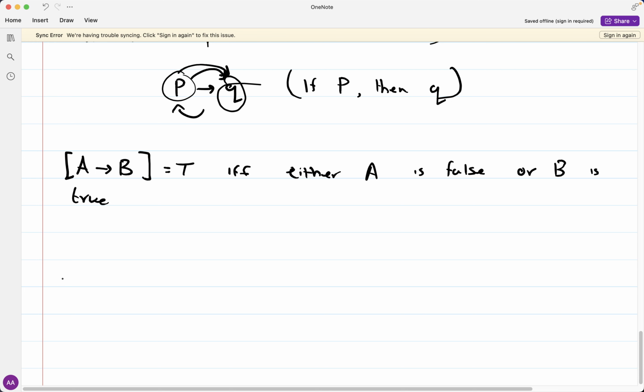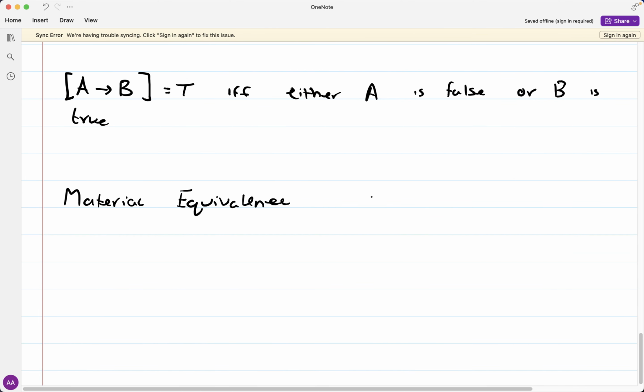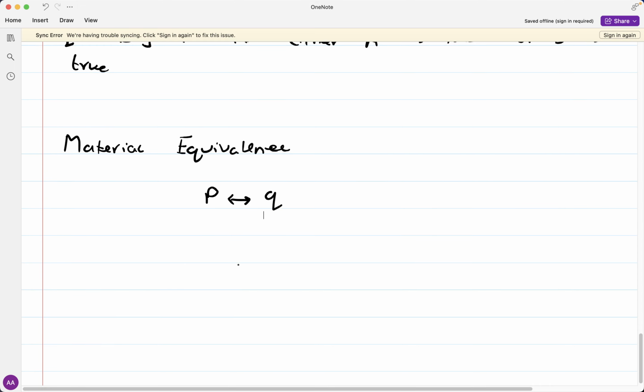Okay, finally, last but not least, the material equivalence. What does the material equivalence tell us? Well, the material equivalence looks a little bit like this. We have a P, and then we have a sort of double-ended arrow, like so, and then we have a Q. What is this telling us?